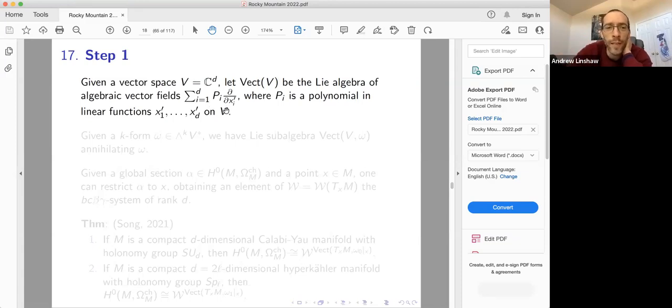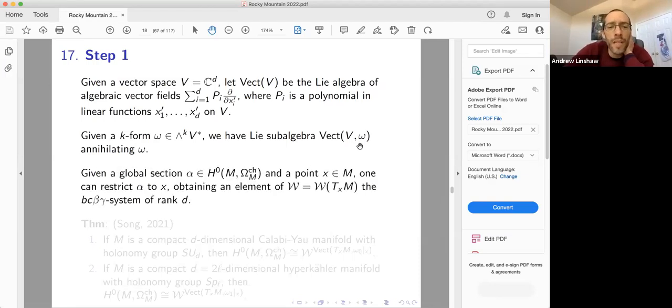They're closed under brackets, so this is some large infinite dimensional Lie algebra. One can now consider subalgebras that preserve some differential form. If I take, say, a K-form omega, preserving means annihilating in the sense of invariance. The ones that annihilate this form form a Lie subalgebra, which I'll denote V_omega.